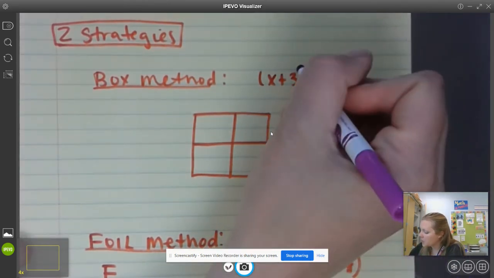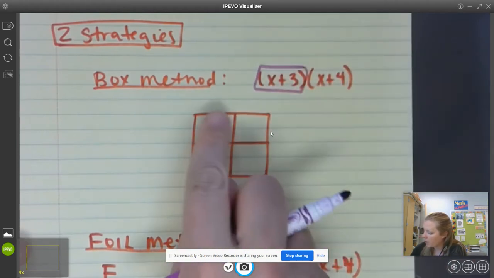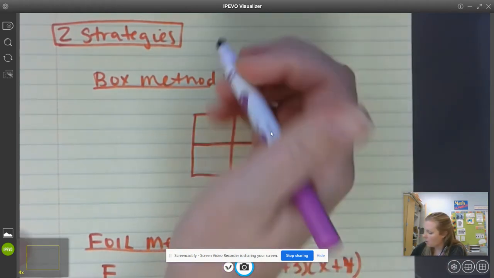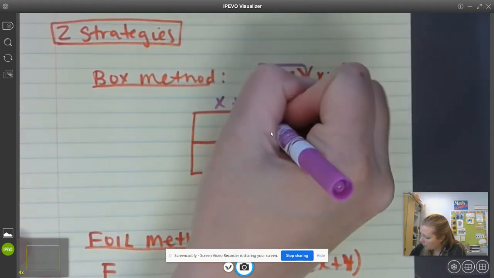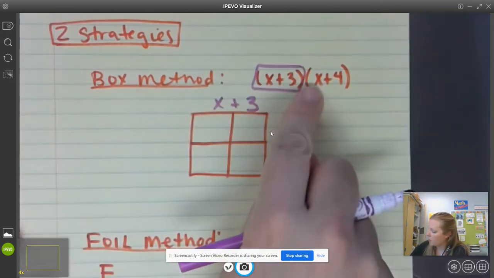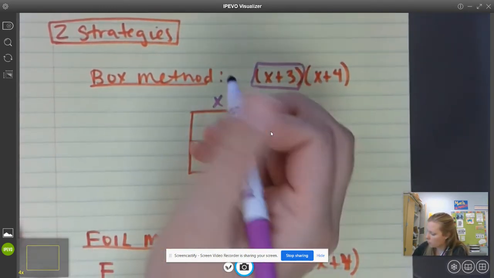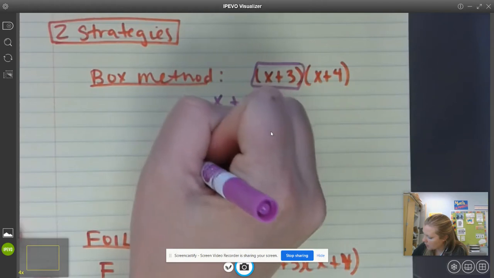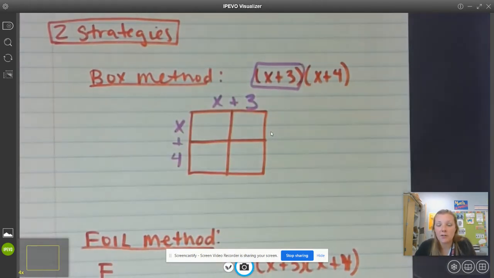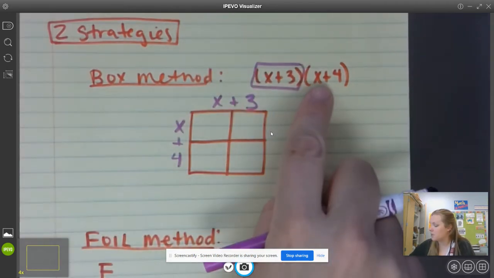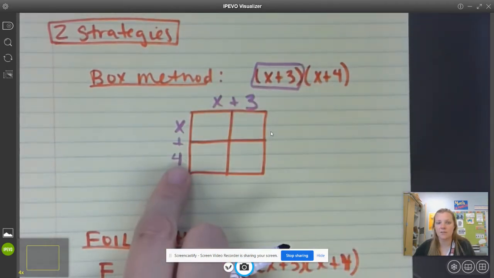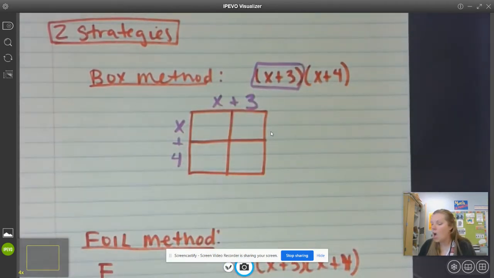What we do is we're going to take this first binomial and write it across the top here, x plus 3, and we're going to write the second one going down the side, x plus 4. And you have to be careful. If it's a subtraction, remember that we have to add the opposite. So if this wasn't a subtraction, we would put a -4 here after we add the opposite. I'll do an example in a minute with a subtraction sign, but know that subtraction is a little different.